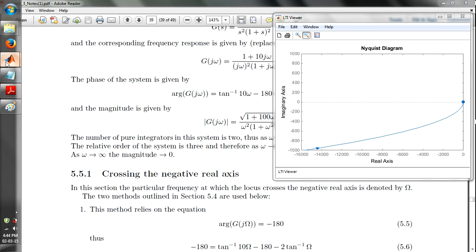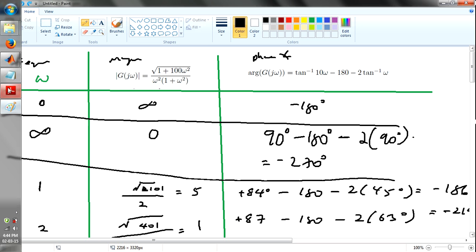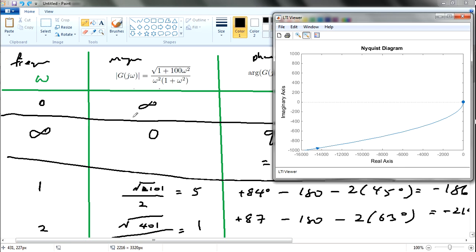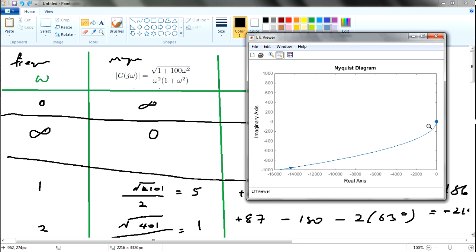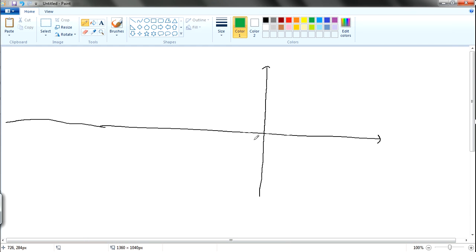When I plot my graph, I feel it is weird because when I substitute omega equals 0, my magnitude is infinity, which is minus 180 degrees. In fact, now it is true, because if my frequency is 0, which is at this line, and it is minus 180 degrees, imagine I have a real axis and an imaginary axis.